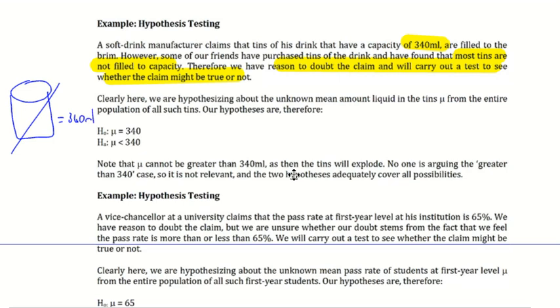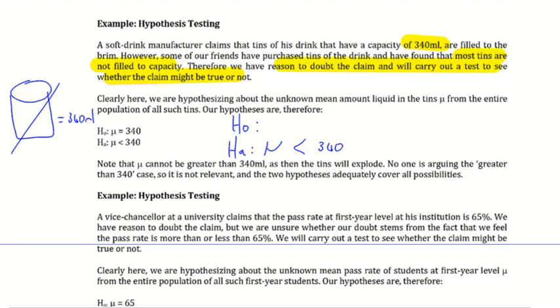I'm saying it's less than 340 mils, and often what helps, if you're battling to set up the hypotheses, is to start with the HA. Let's do that now. HA is the alternative hypothesis, which I'm trying to accept, and I'm trying to accept the fact that the mean contents, the average contents of the drink, is less than 340.